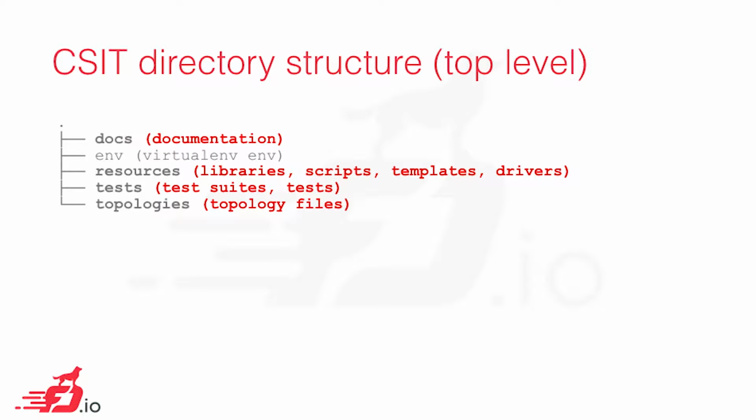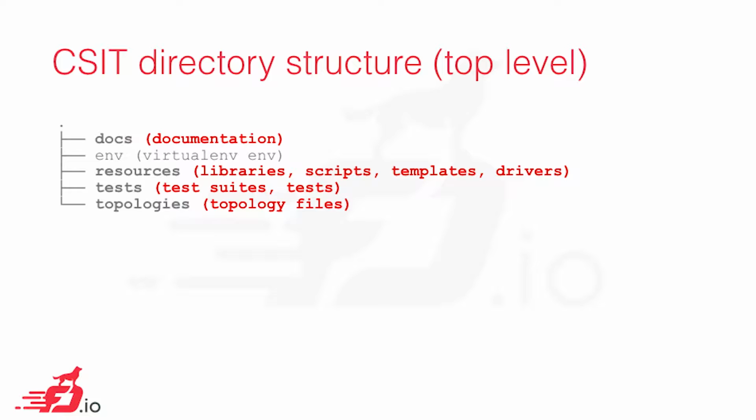So if you download the CSIT codebase, you will get this directory structure. Docs, that's self-explanatory. Environment, it's not there if you download it from Gerrit; you can create your virtual environment by using virtualenv, which is Python code, and you know that. Resources, this directory contains basically all the resources, from libraries to templates, drivers, scripts, and then the tests.